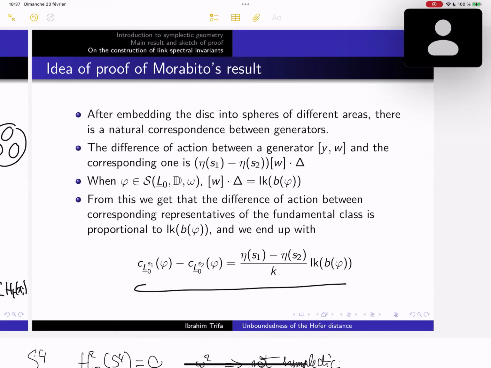Then, if you take a Hamiltonian diffeomorphism fixing the link L0, what is then a capping? A capping, if you remember, is a homotopy from a reference path to an intersection point.